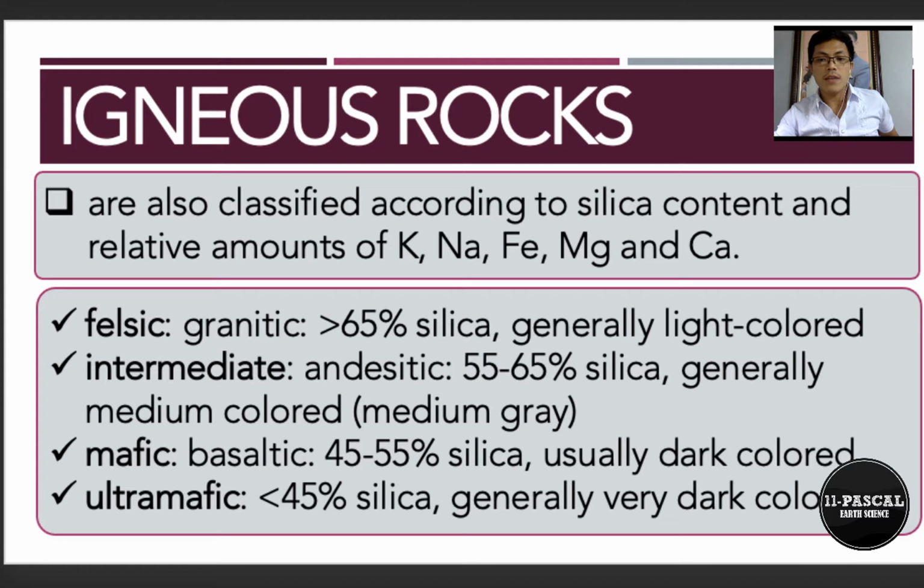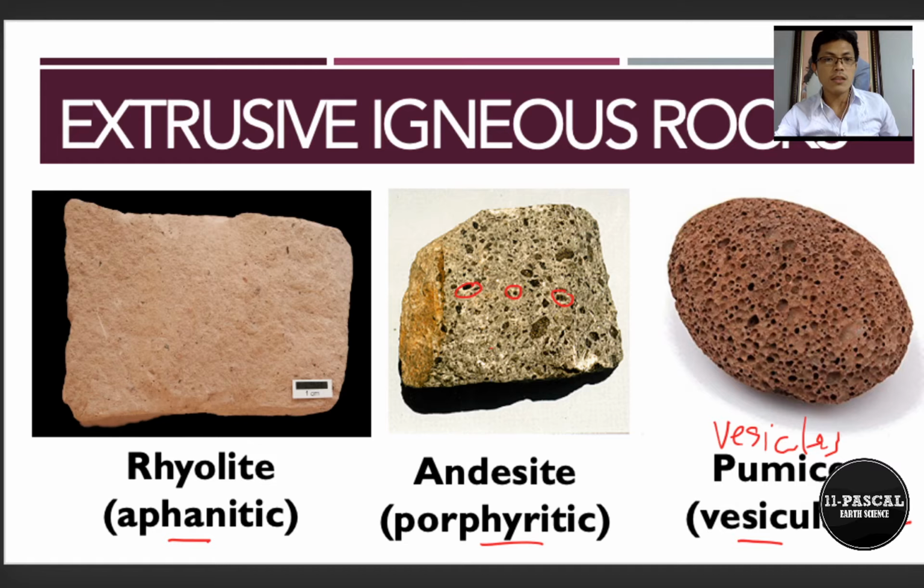We also have latite and andesite. That's why they are andesitic. Andesite is an example of an intermediate igneous rock. Actually, we're classifying them according to composition.